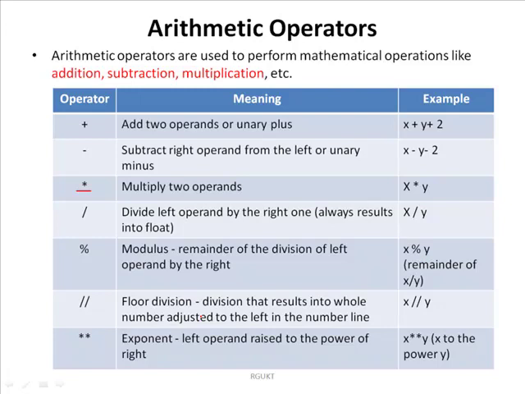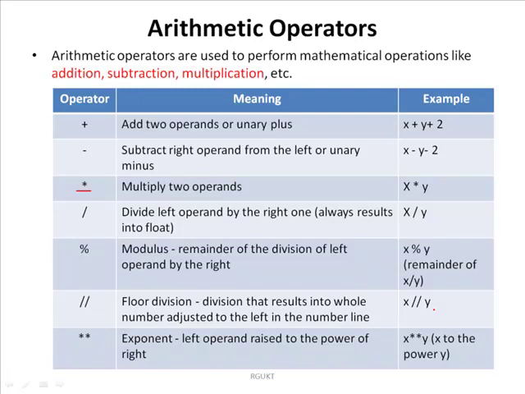Floor division divides and gives the result as a whole number adjusted to the left in the number line, meaning x floor division y gives the whole number instead of a floating point value. In division we get a floating point value as a result.